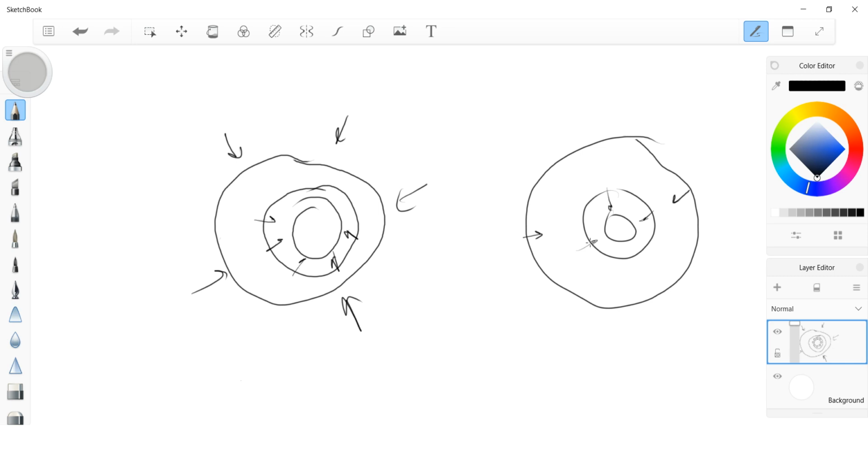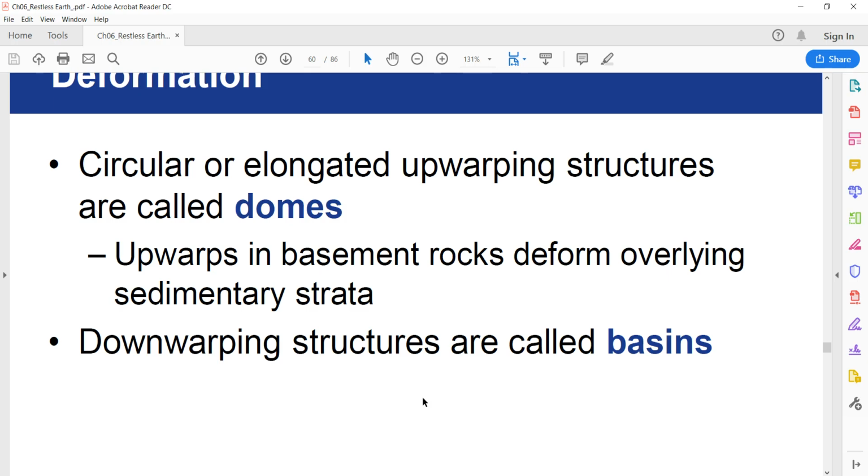They both look the same from the top view, but if you think about it in three-dimensional view, the dome increases in elevation toward the center. The basin has a depression in the middle. So the dome is more like an upwarp or anticline, and the basin is more like a syncline, where you have a depression in the middle.